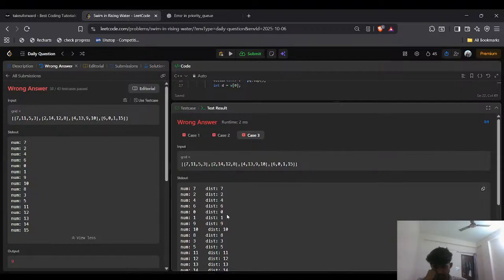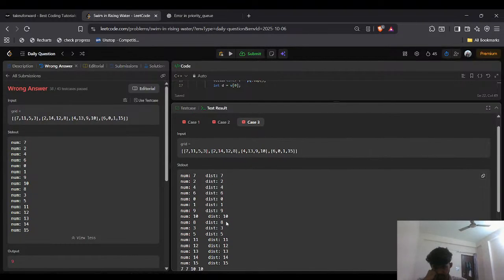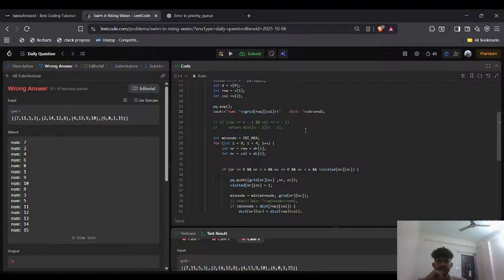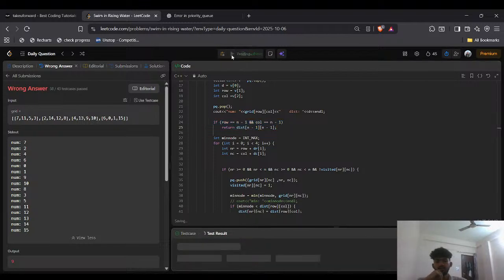7 2 0 1 9 10 8 3, 15. So distance is 15 at the end. So what is, wait, distance is 15 when n and rows and columns.